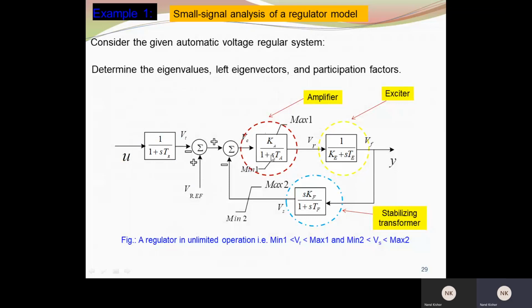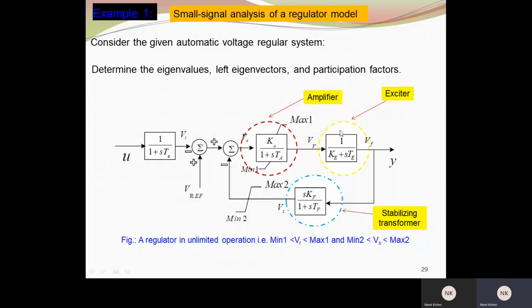Then we have this block, a first order model for the amplifier. We also have some limits on the signal at the output of the amplifier. So we have this voltage signal.